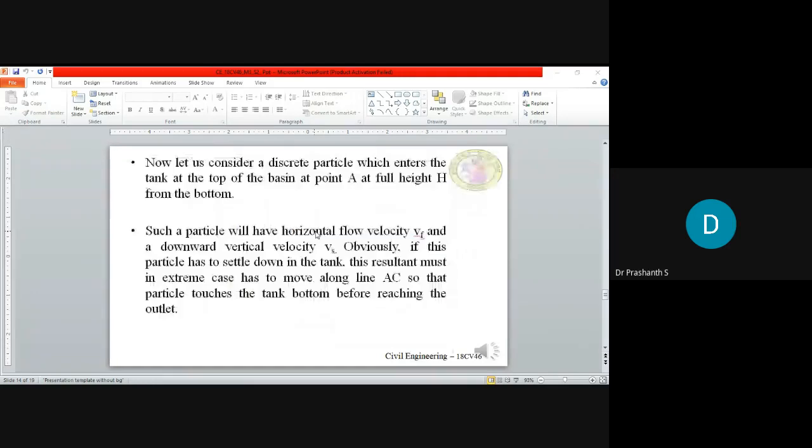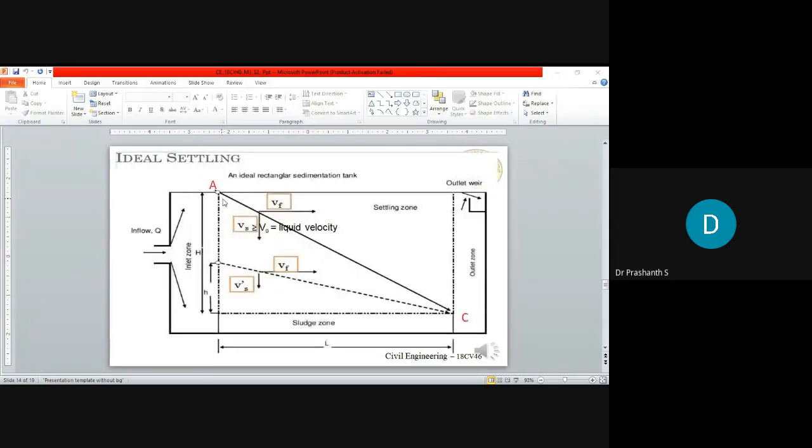Now, I'm going to explain this again. Let us consider a discrete particle which enters the tank at the top of the basin at point A, at full height h from the bottom. See here, a particle enters the top of the tank, and the height from the bottom is h.